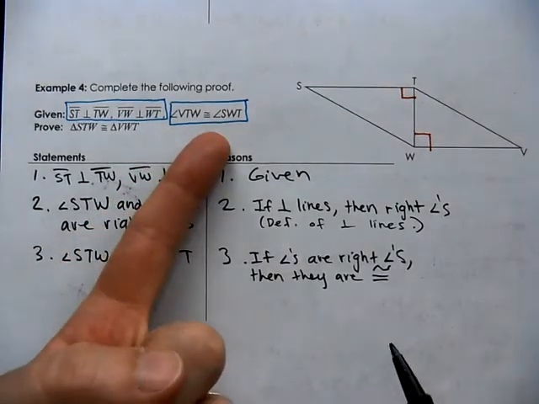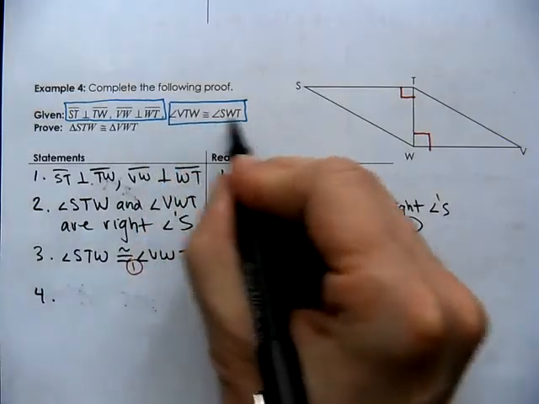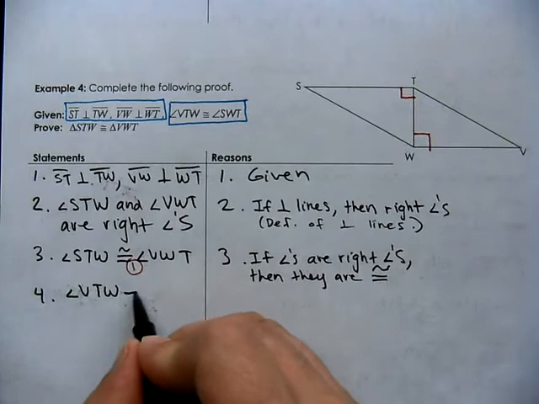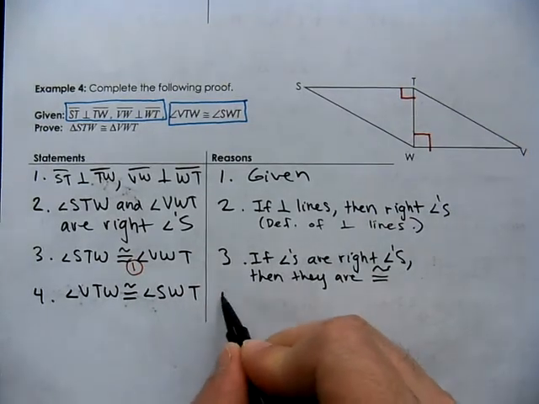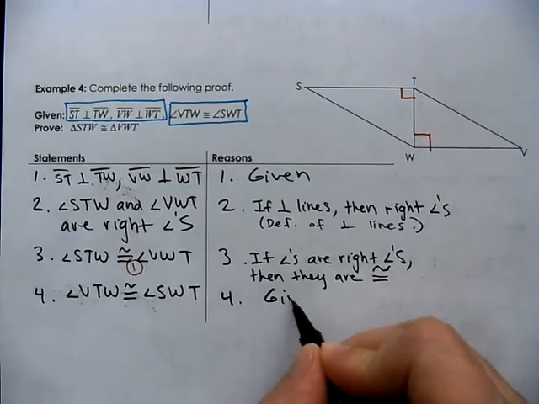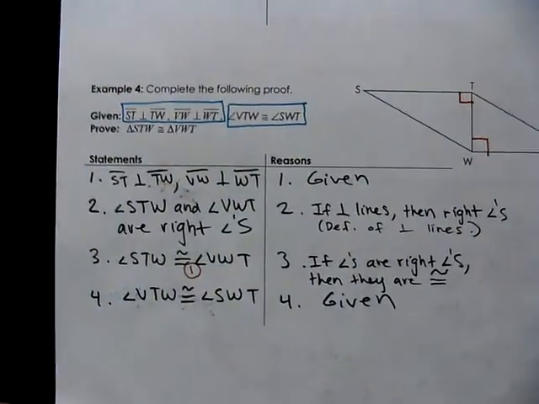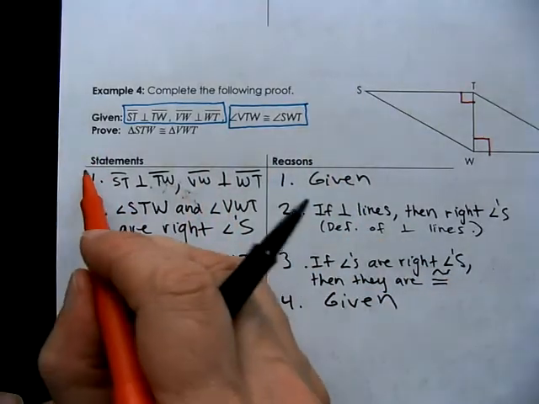Well, here's our second pair that's also provided to us. On line 4, here's our other given: angle VTW is congruent with angle SWT. And that's given. So this is one reason why we might choose to split up given information. It's almost like if you were outlining an essay.